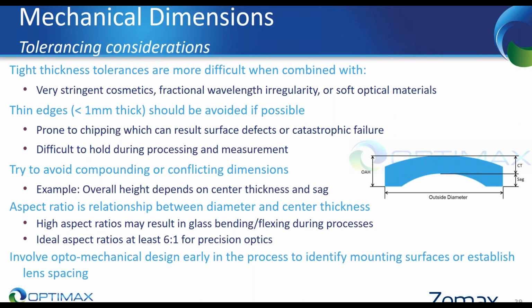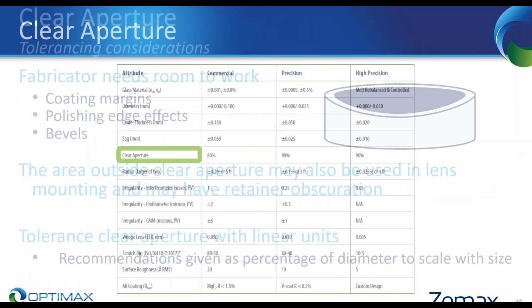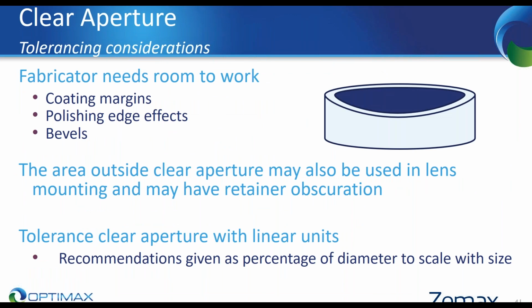Your aspect ratio is the relationship between your diameter and your center thickness. A very high aspect ratio part may result in glass bending or flexing. A high aspect ratio part would be something that is extremely thin. Ideal aspect ratios are at least 6:1 for precision optics. Involve optomechanical design early in the process to identify mounting surfaces or establish lens spacing.